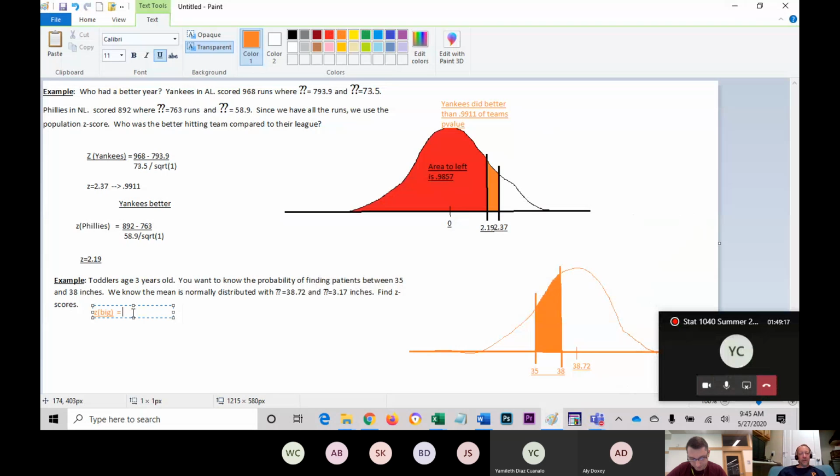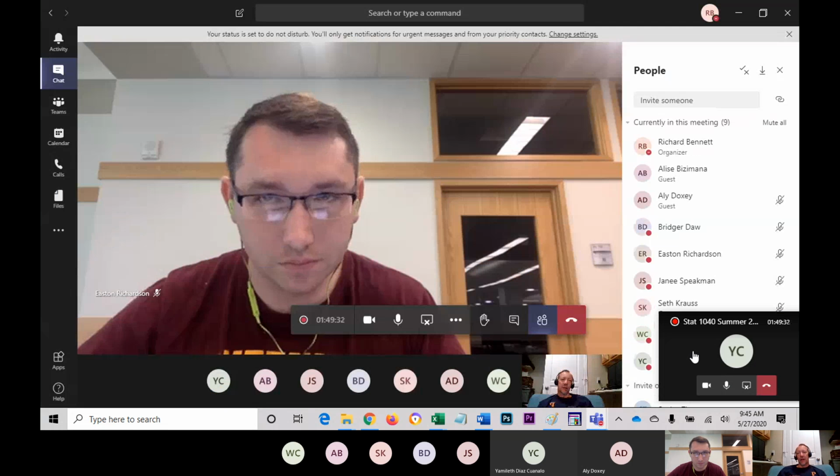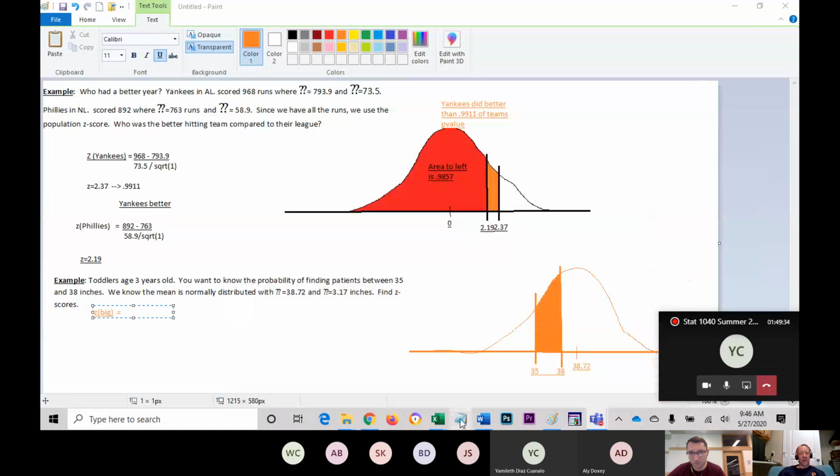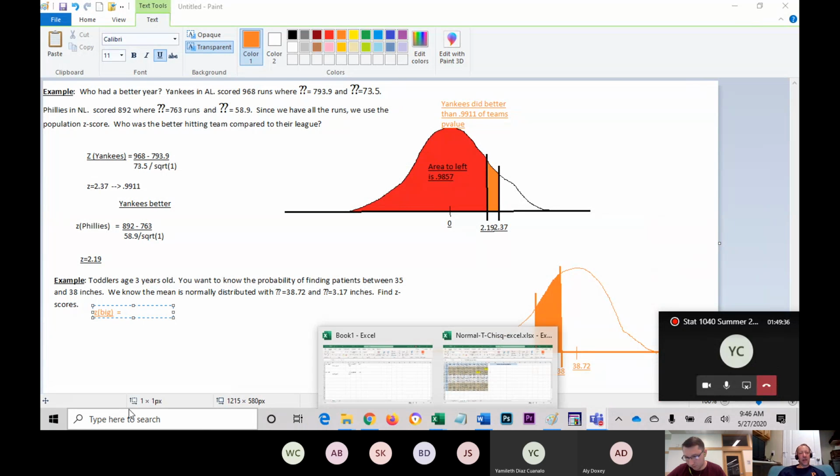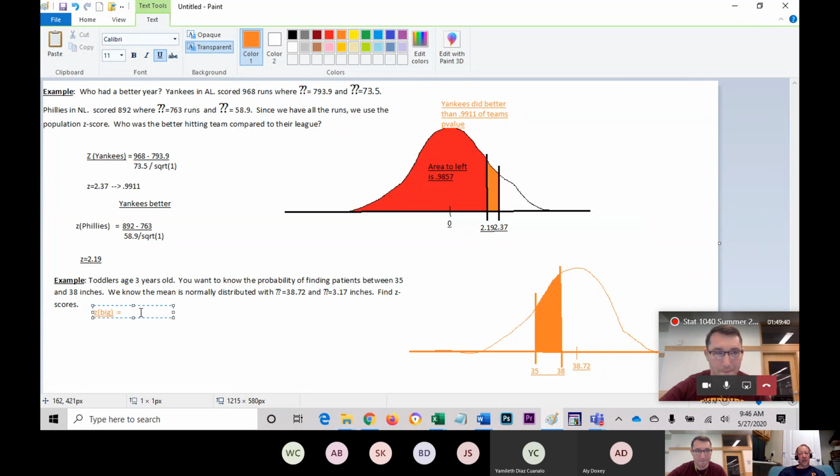Can you find the Z-score for the larger number? Did you walk away, Elise? How about Allie? Can you do it? Sorry, my 4-year-old was simultaneously talking to me. What was the question? Okay, I want you to find the Z-score for the 38 inches.